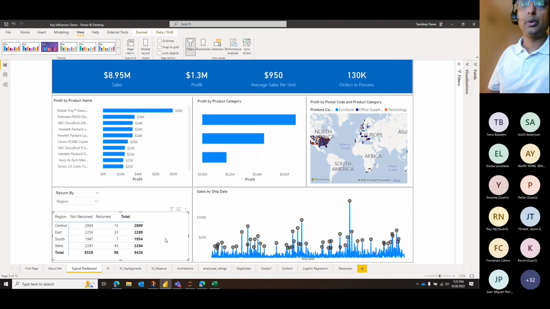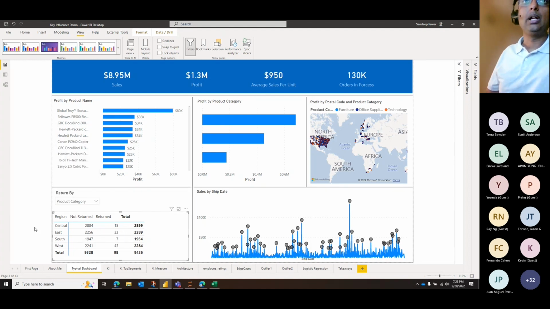So the next question that the person might have is, well, I'm looking at the count, but should I be looking at the count, or should I be looking at the percentages? Because that may make more sense, because maybe somewhere like in the central region, they have 15 over 2884, whereas in the south region, we have 7 over 1947.